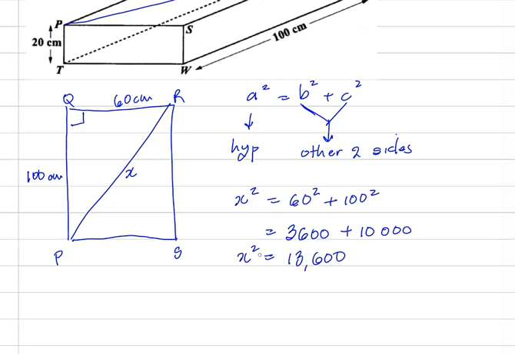That's x squared. The opposite of square is square root. So x, which is PR, is equal to the square root of 13,600. Now, let's see what that is.